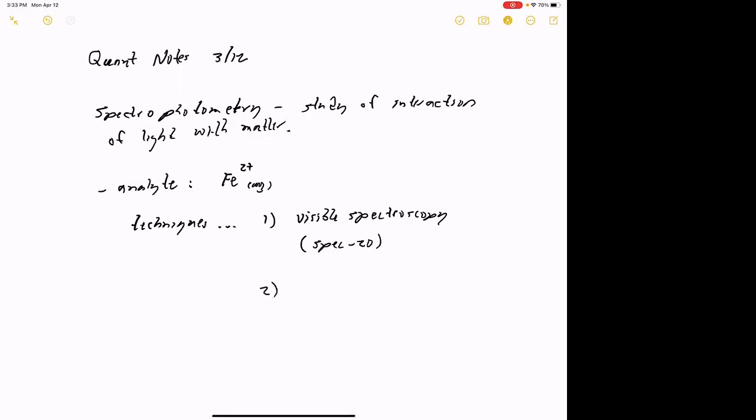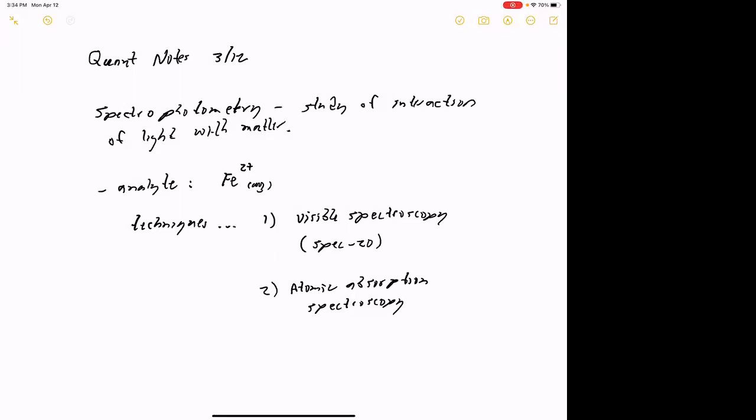The other technique we're going to use is atomic absorption spectroscopy. So in this case, what we're actually going to be looking at is the concentration of the iron atom in the gaseous phase.